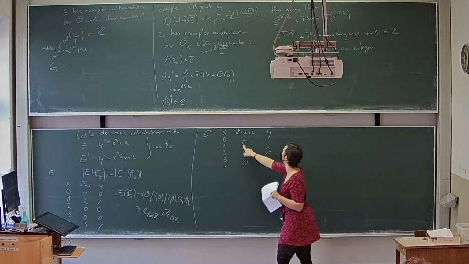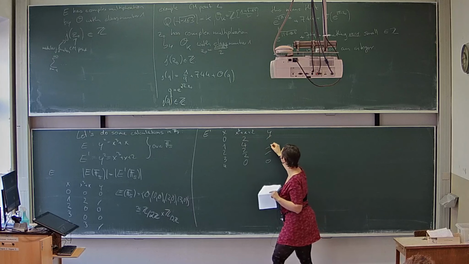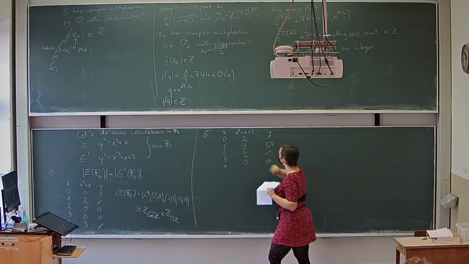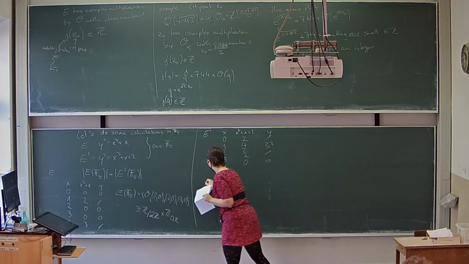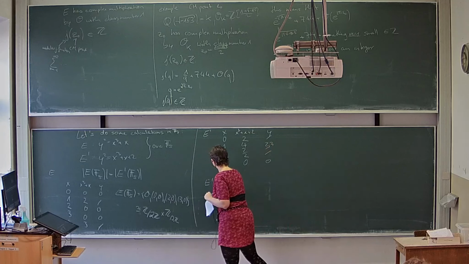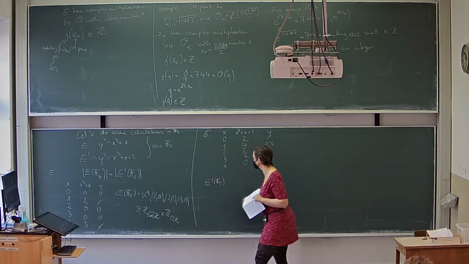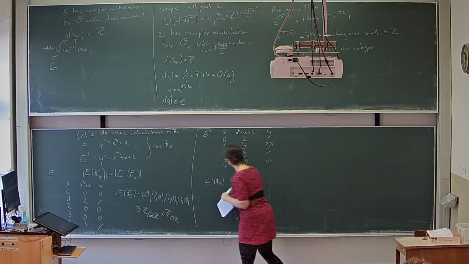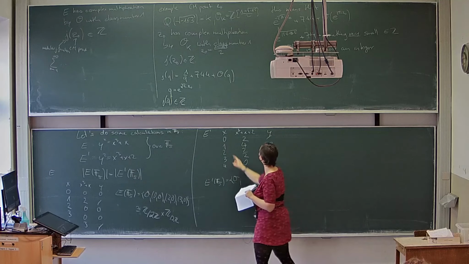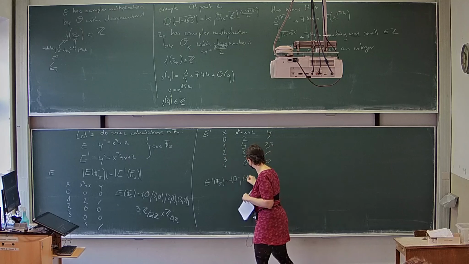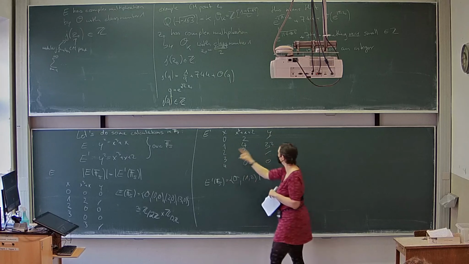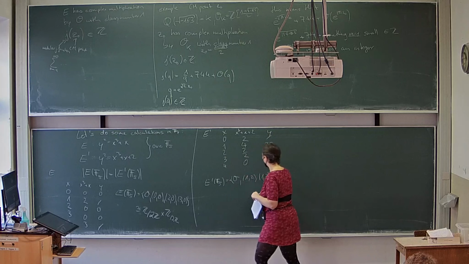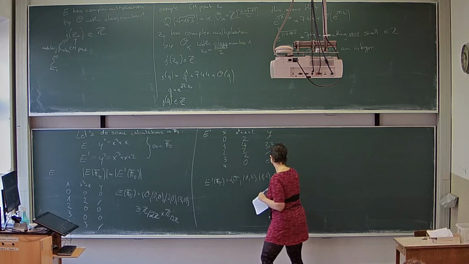Root of 0 is 0. The root of 4 is 2 and 3. So the F5 points of E prime are the point at infinity, then (1,2), (1,3), and (4,0).